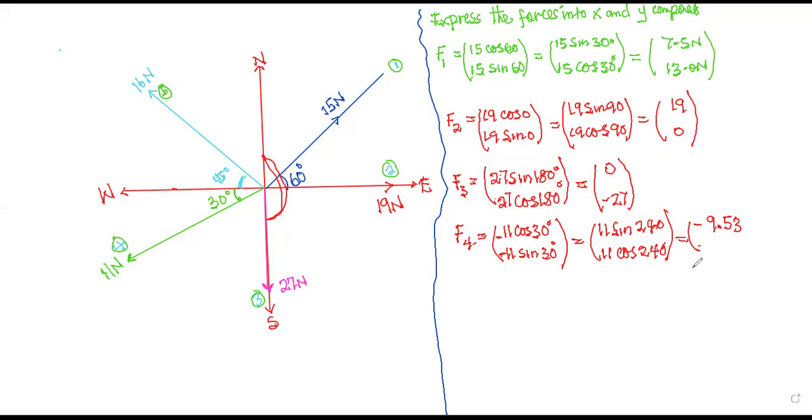Okay. 11 times sine 30. Sine 30 is half. 5.5.